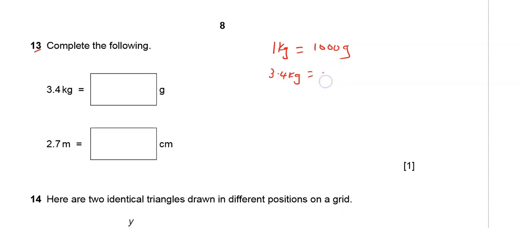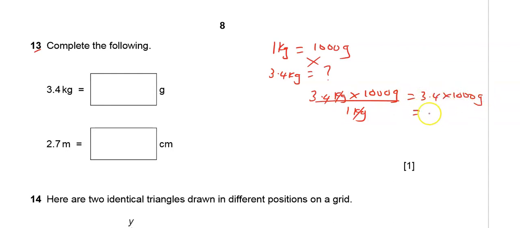We cross multiply. So it will be 3.4 kilograms times 1,000 grams divided by 1 kilogram. So the kilogram will cancel. So we'll have 3.4 times 1,000 grams. This will give us 3,400 grams.